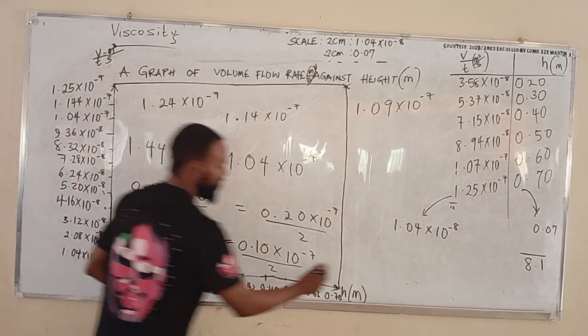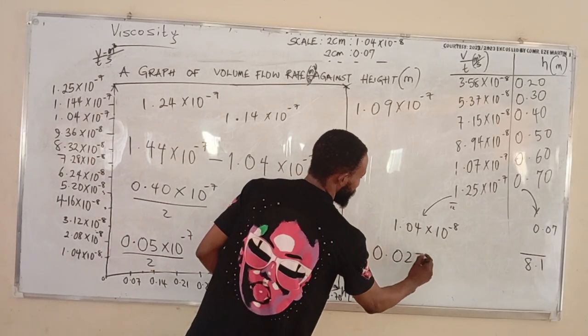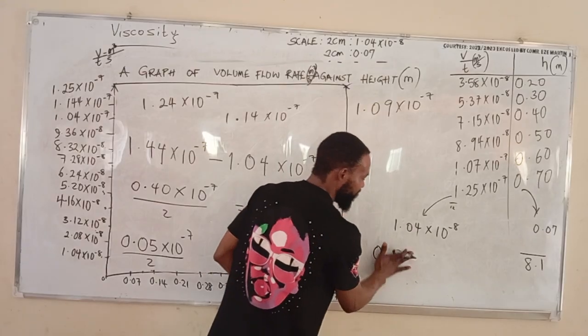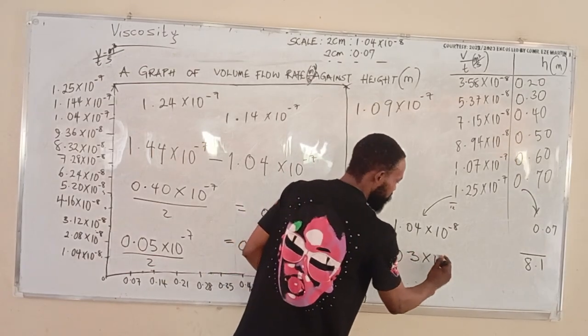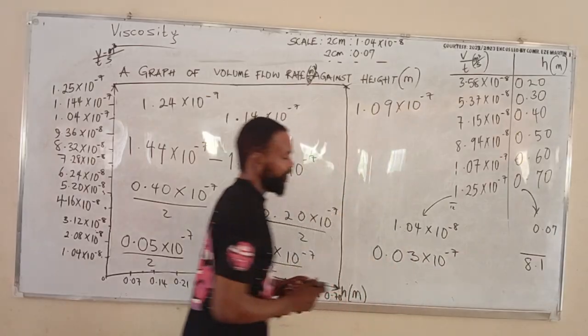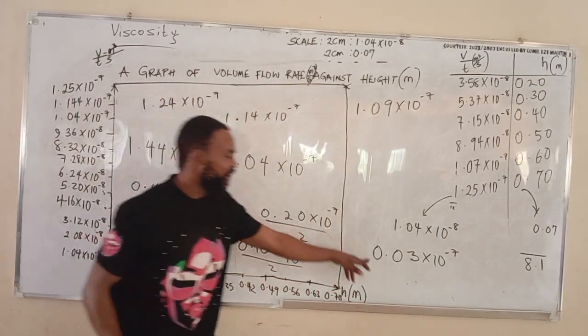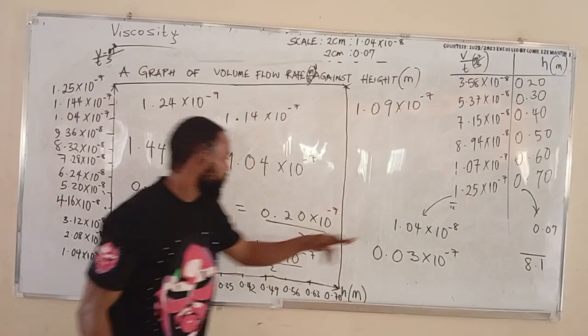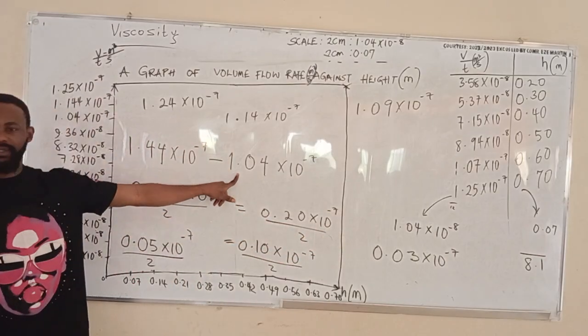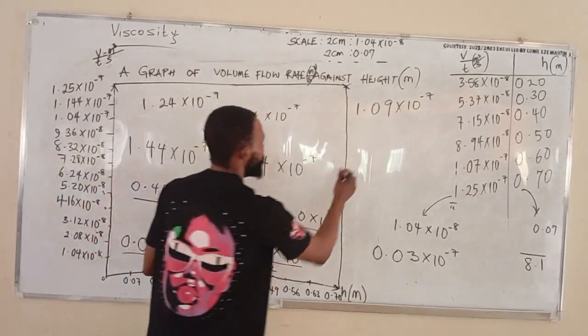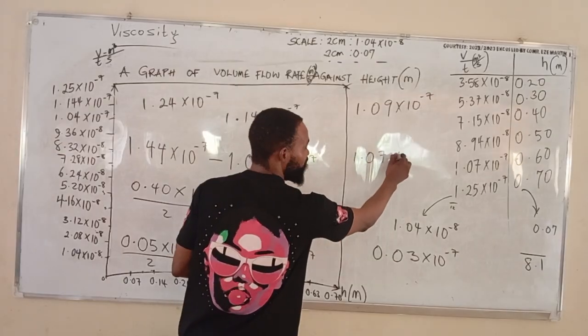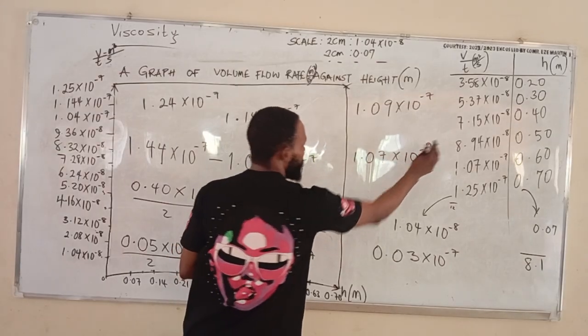0.02. So to give you 0 points, that is 0.03 now, times 10 power. Please do for me 0.03 times this. Add it to this. Maybe you've gotten it.